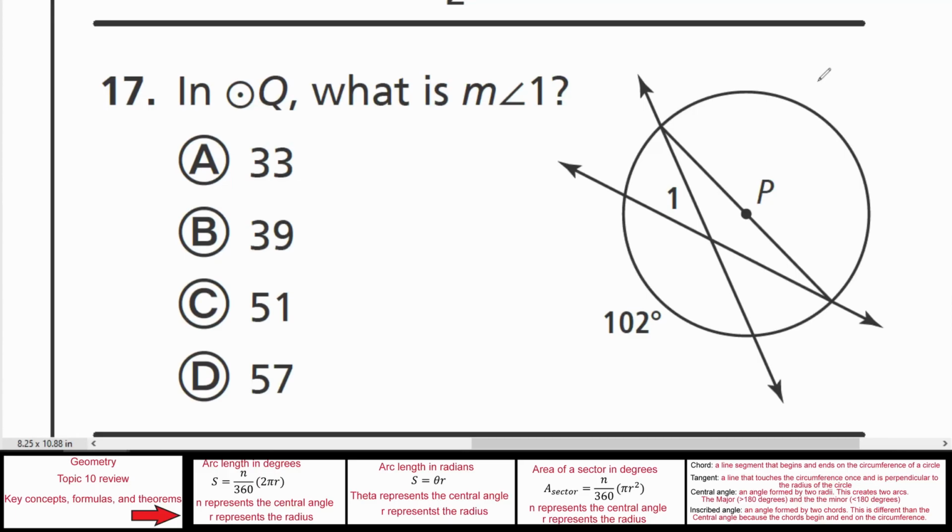The question's asking, in the circle with center Q, what is the measure of angle 1? Oh, then this needs to be changed to a P there, Savas. This is center P. There's no Q on the diagram, so let's just assume that was an error that we can correct to be able to answer this question.